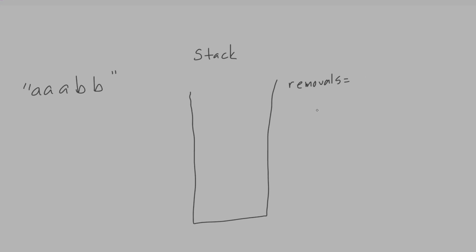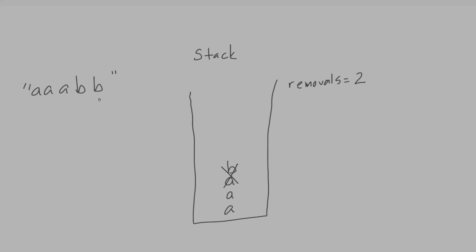Now let's do the same thing and see what happens here. So we're going to have A, and then when we get to this 4th character, this B, we push that on. And then we see a B and an A next to each other. So we're going to pop these off and we'll record 2 removals. And now you can see in this next case what we mean by concatenating the parts together.